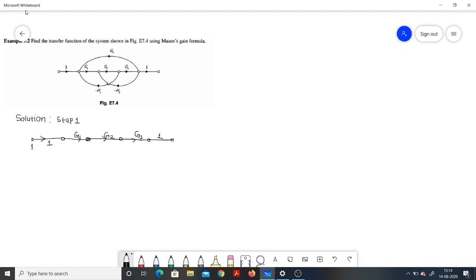Now there is one more forward path, this path from here to here. So I'll just draw it here, the second forward path.